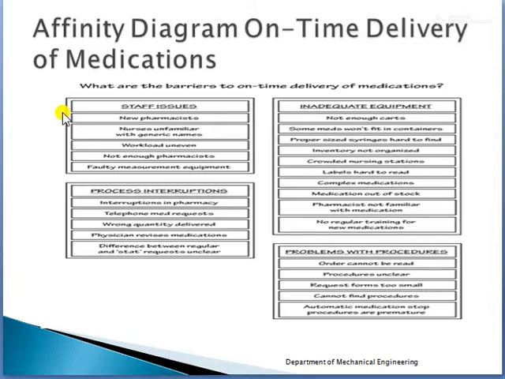Okay, what are the advantages of the affinity diagram? We have a large number of ideas: a large number of ideas can be generated in a relatively short time by a group.